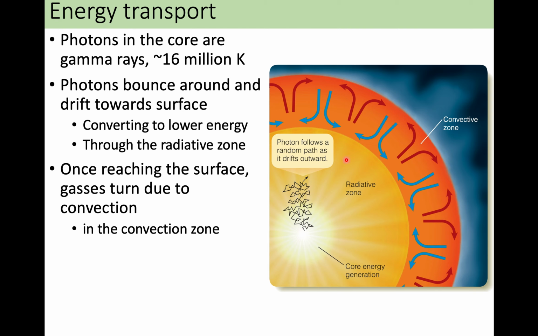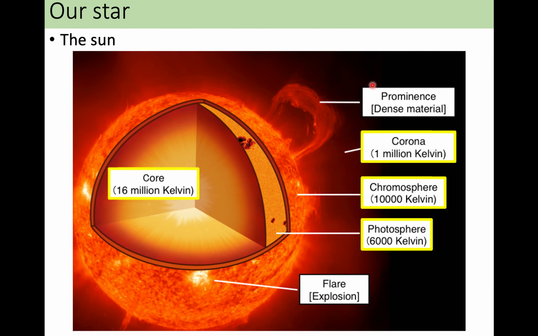So because of the heat in the core and the radiative zone, we have convection occurring, where the gases closest to the radiative zone are very, very hot, so they warm up, and then they rise to the surface of the star, where they will cool down because now they're further away from the radiative zone and the core. The colder gases will then sink down, rise up. It's similar to boiling water. So that convection is happening in what we call the convective zone.